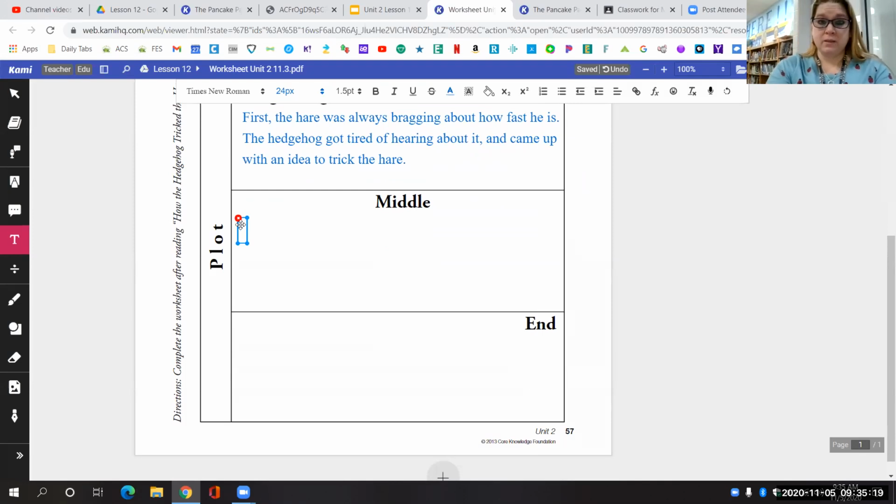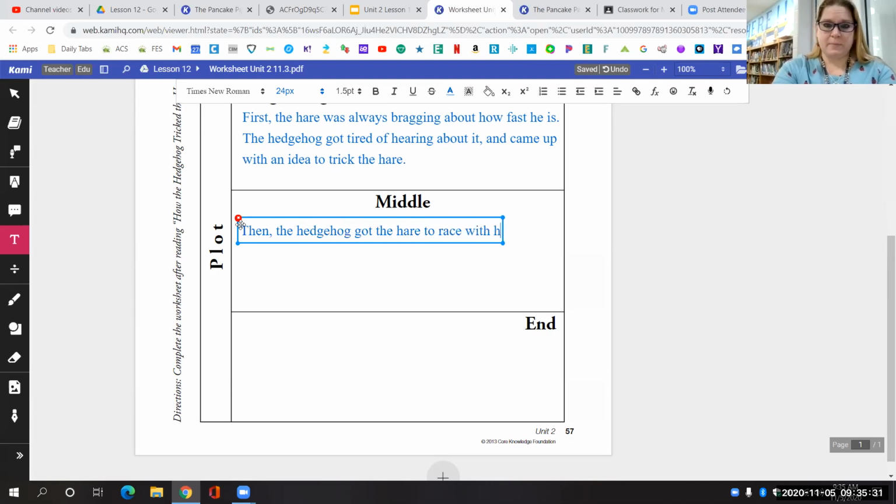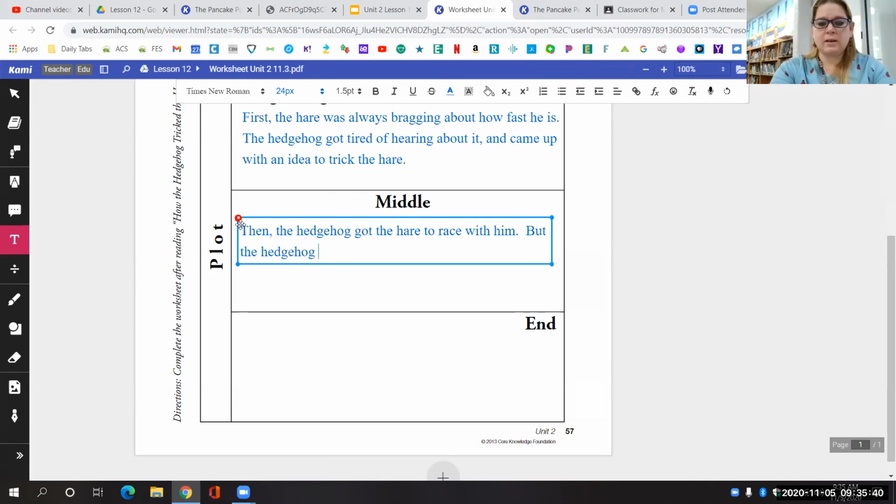Okay, in the middle of the story, so we can say, then the hedgehog got the hare to race with him. But the hedgehog and his wife tricked the hare during the race.